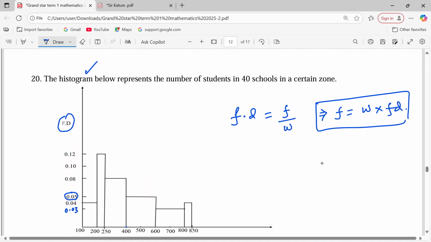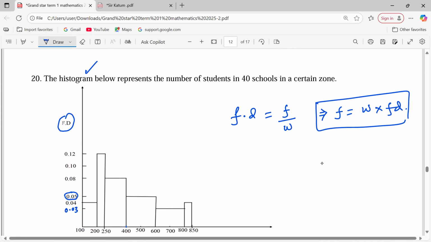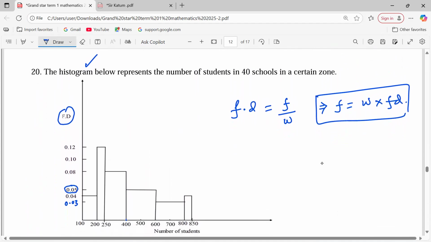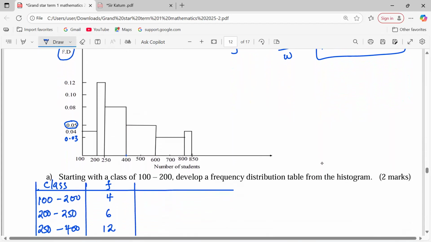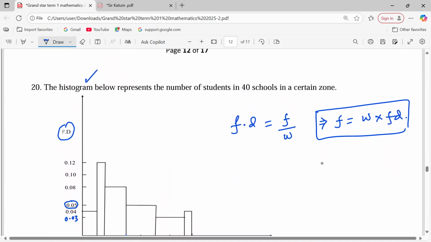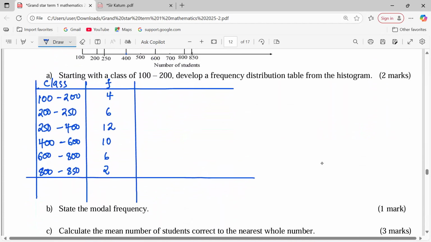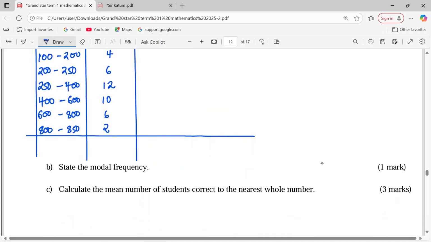But in a case like this, we have frequency density against boundaries, meaning that we have used different intervals. Then we can extract the boundaries, and you remember that the boundaries are also the limits, because this is continuous data. That is how we come up with the frequency distribution table.